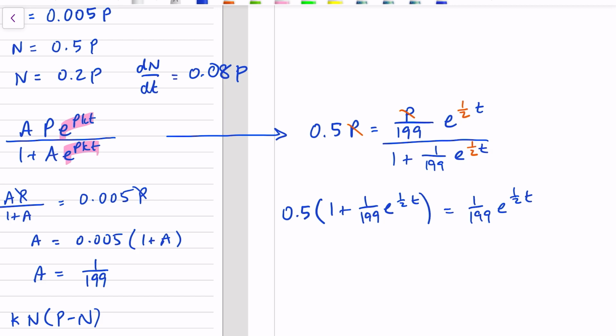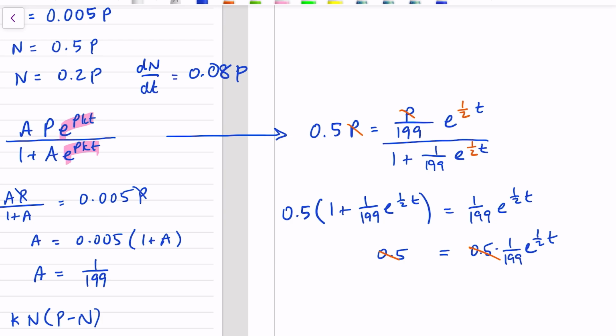It's the same thing on the right without the half. So if I move the half from the left to the right, I'm going to get a half. 1 minus a half is a half. Okay, on the right hand side I've got a half times 1, which is a half. Cancel off the halves.